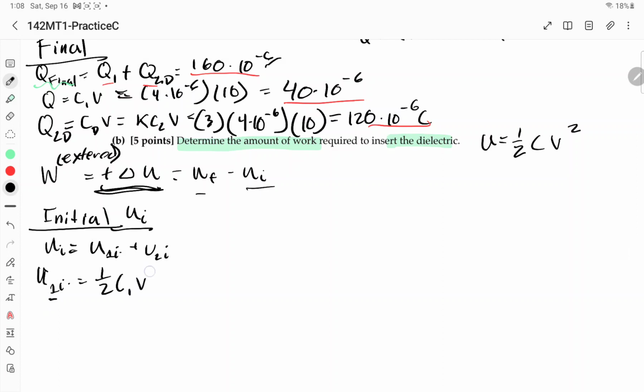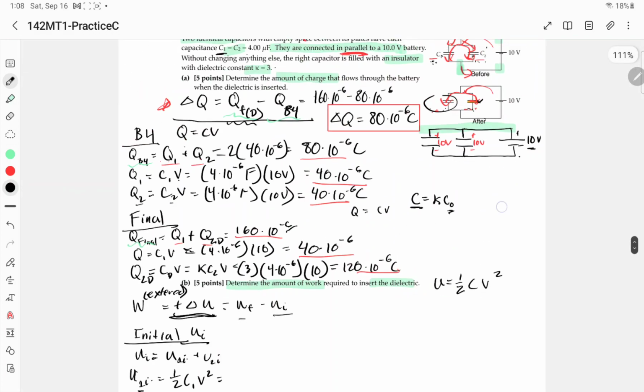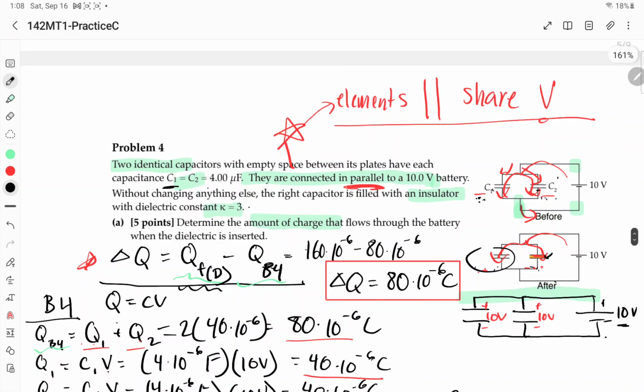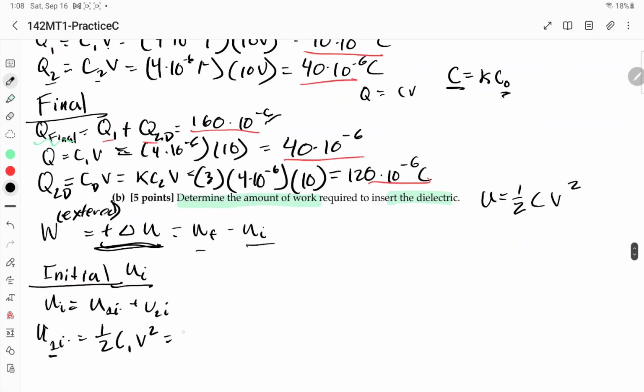So capacitance 1 times the voltage squared. We already know these, they're all constant. In the initial state, it just looks like this, right? There are no insulators inserted into either of them. So this is just equal to 1/2 C, which is 4 times 10 to the negative 6, times that voltage, which because they're in parallel is 10. So that is equal to our trusty dusty 200.